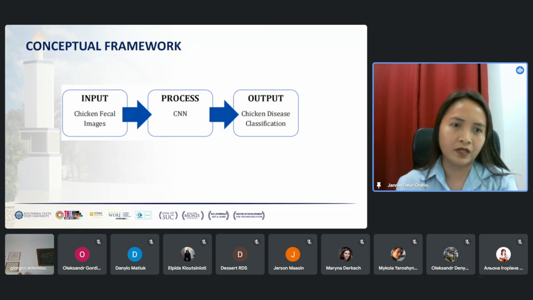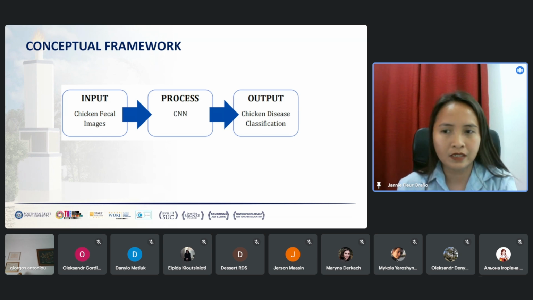The input of this study will be the chicken fecal images, which will be used to train the model using CNN. The generated model will then be integrated into an application for automatic detection of diseases based on their fecal images.